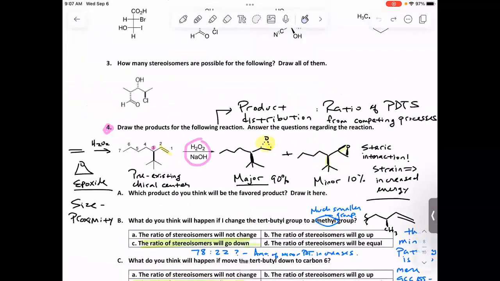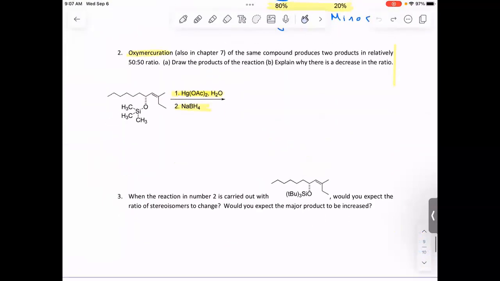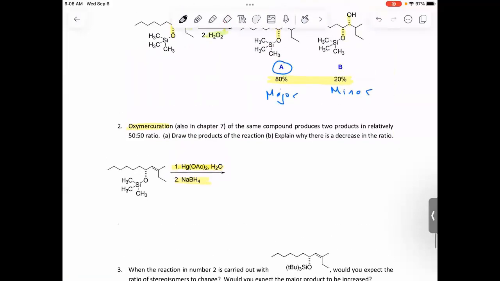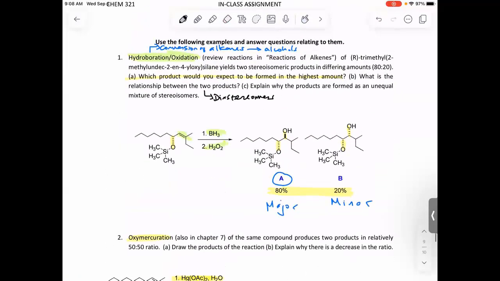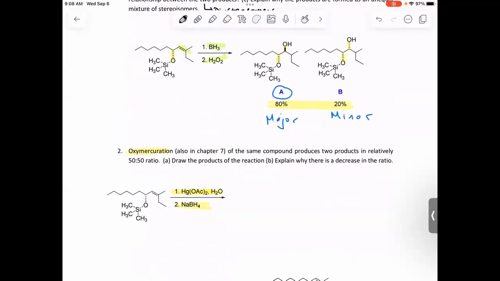All right, so let's go to the next example, in number 2. This is an example of a reaction that we call oxymercuration. Both of these reactions, hydroboration-oxidation as well as oxymercuration, give you the same outcome.